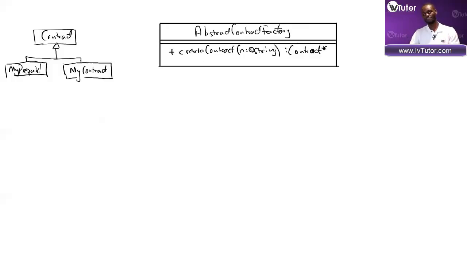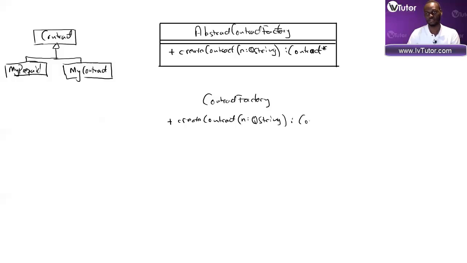And then inheriting from abstract contract factory is the actual factory. We can call this one contract factory. And this is going to have exactly the same function as above, only that the one at the top is abstract, but it will also have a create contract function which takes a QString exactly as it looks above, and returns a contract pointer.